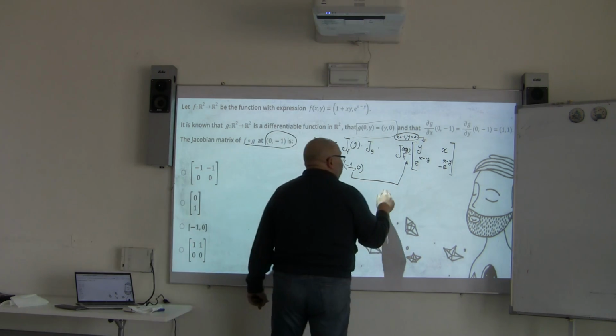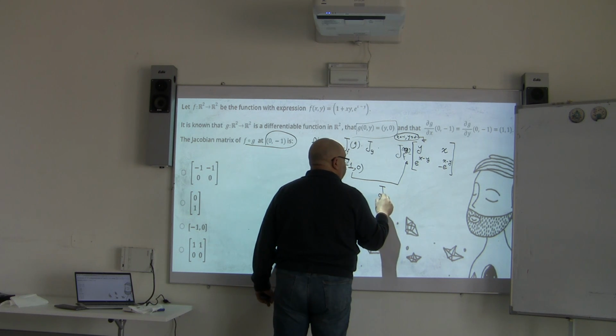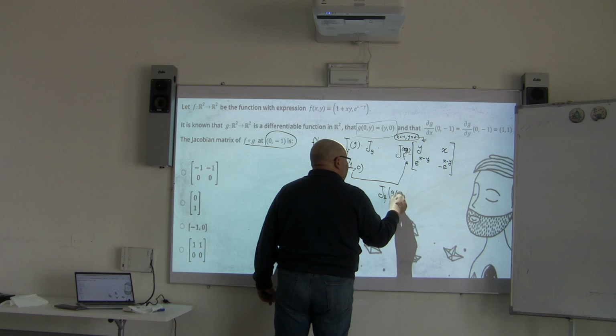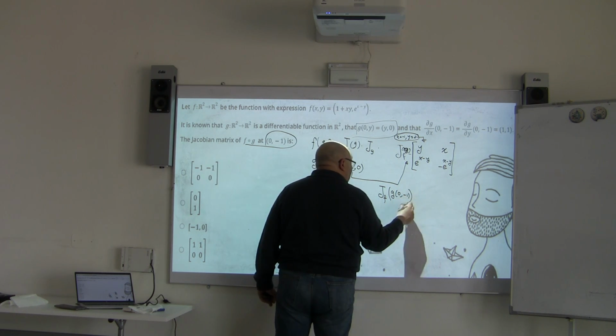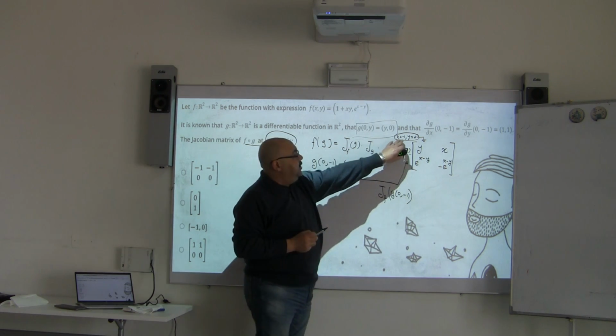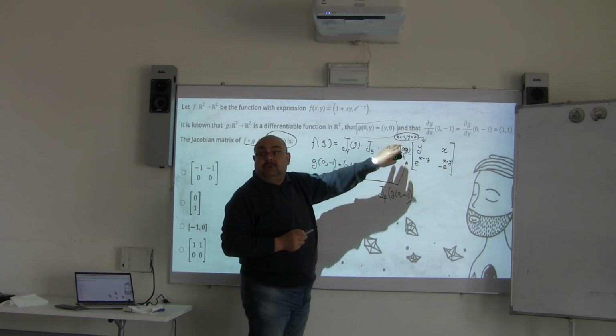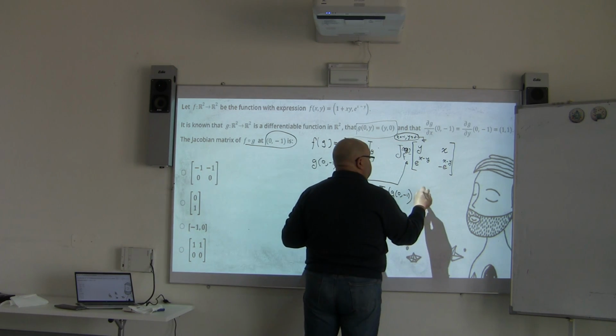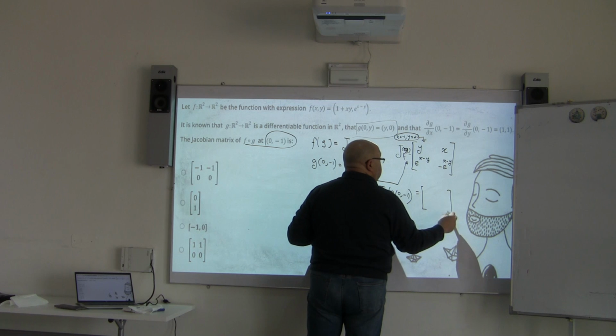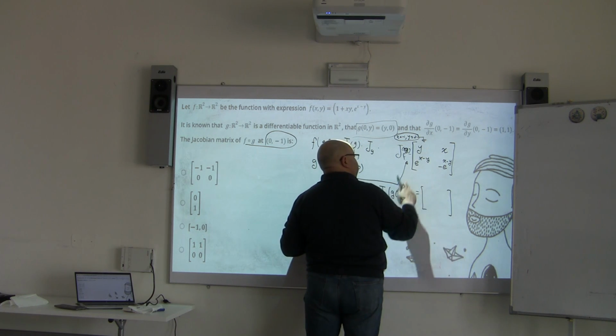Now I can get the value of the Jacobian of f at g at 0 and negative 1. So I will start substituting. I will replace y by its value.